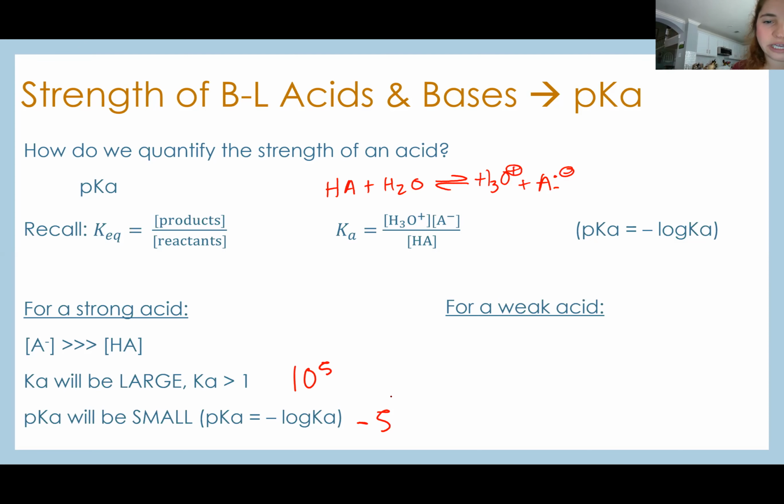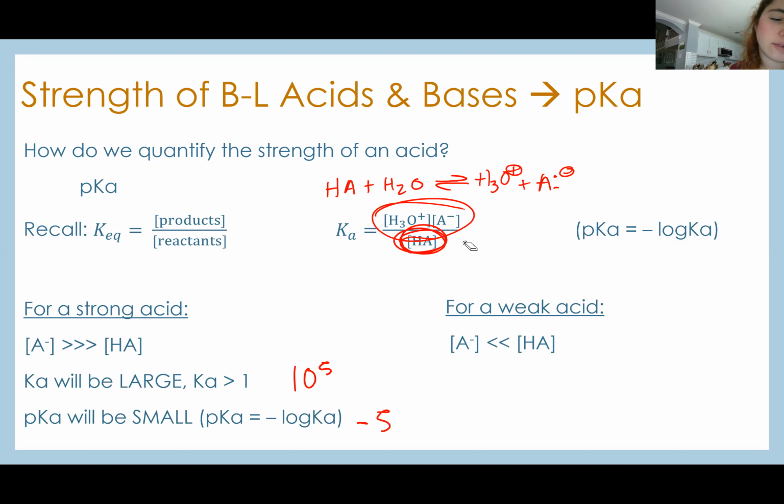For a weak acid, which species will be prevalent? Will we see more HA or A minus? Yeah, we're going to see a lot more HA. So the number on the bottom could potentially be a lot larger than the number on top.